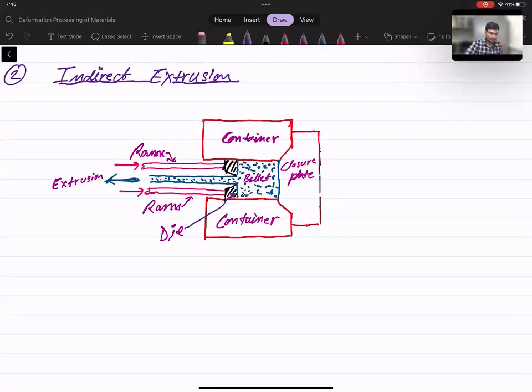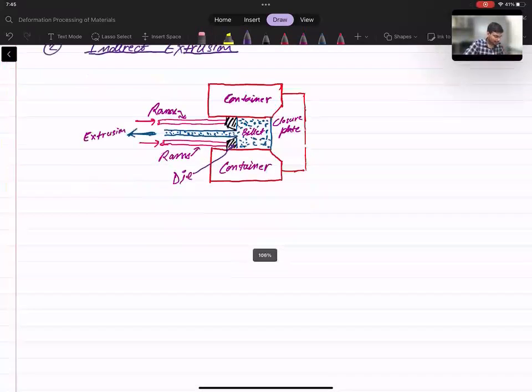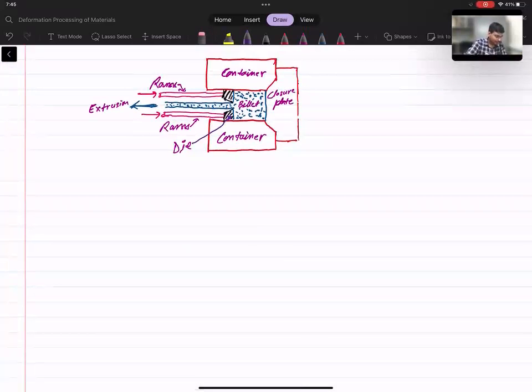And what is left out here? These rams may be hollow many times. We will write it later. Let me hatch the container again.